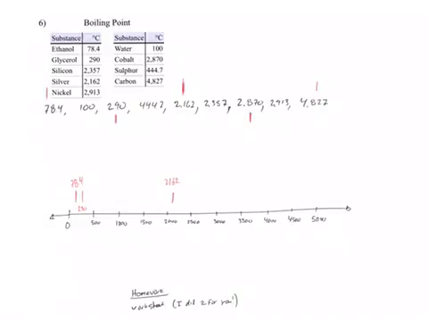Next one's almost at 3,000. Next one's almost at 5,000 up here. So draw a box around these. Whisker out to there, and a whisker out to there.